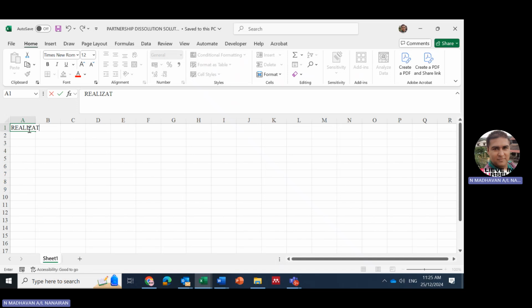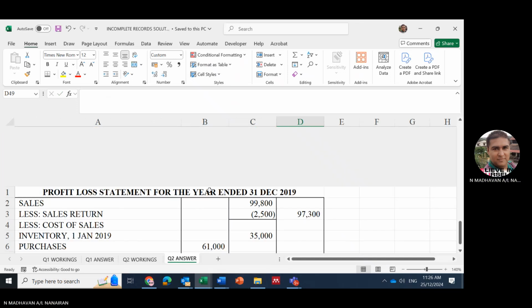There's trade receivables here. So where does it go? Yes, this one is inside trade receivables. Okay, when you do the trial balance, you have trade receivables, some balance here, then you have sales return here. This one, where does it go? It goes here, right?